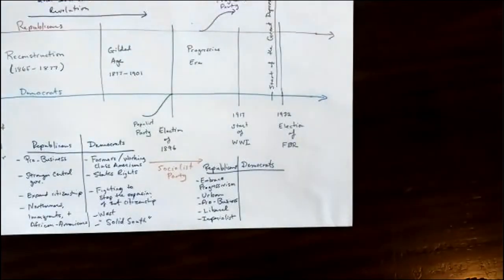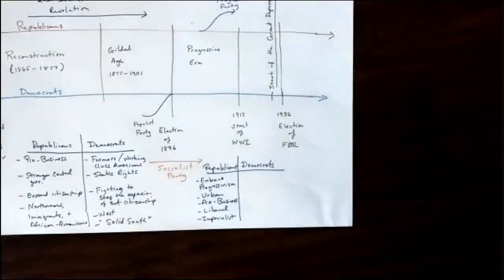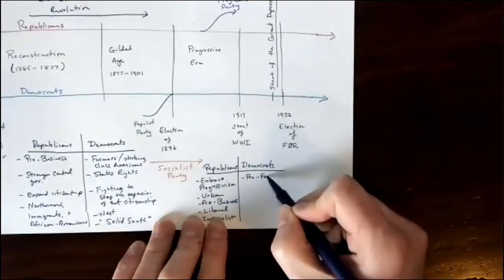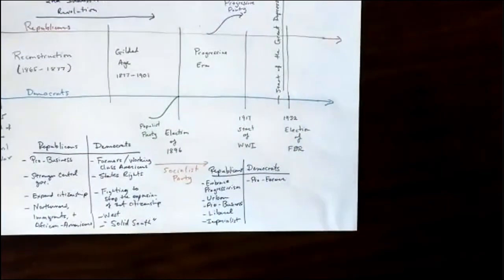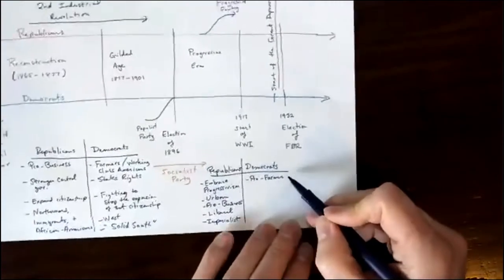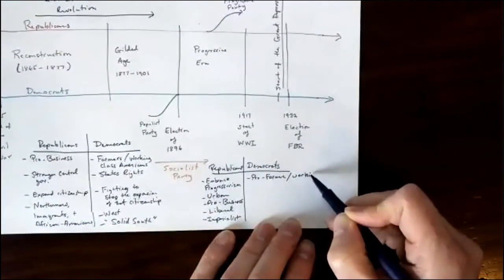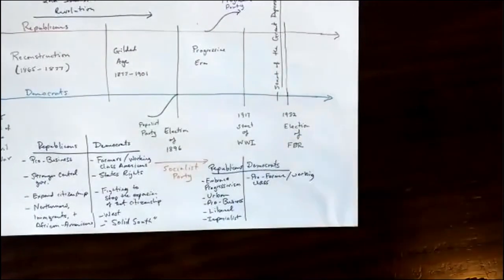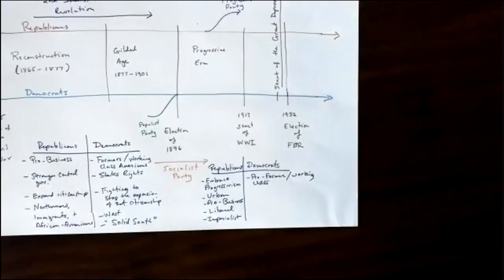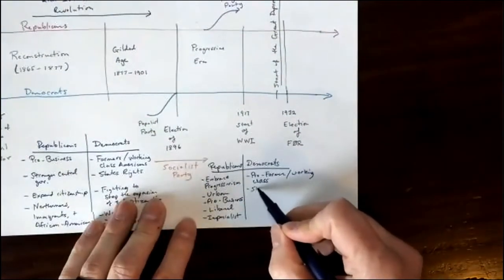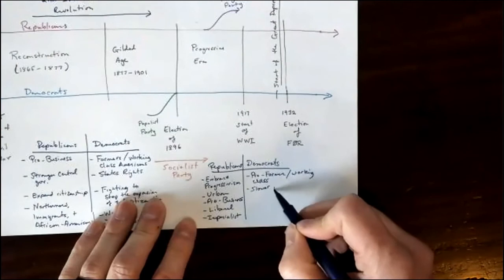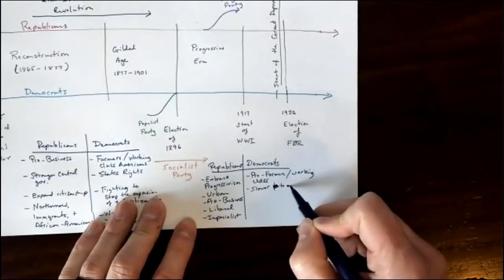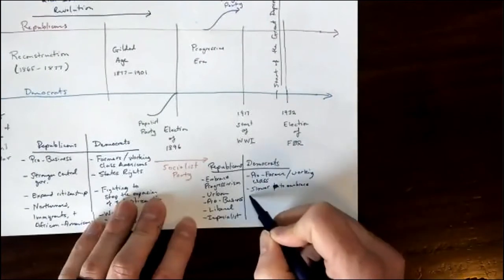Let's keep going. Now, how do the Democrats compare to that? Well, the Democrats are still pro-farmer and also pro-working class. In addition to that, they do embrace progressivism because this is just a progressive time period, but they're slower to embrace progressivism.